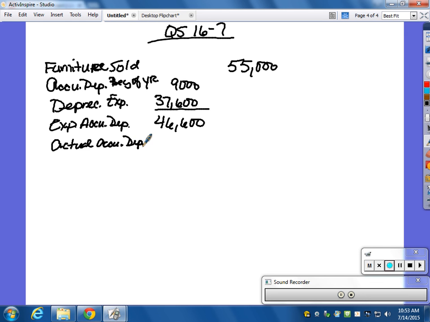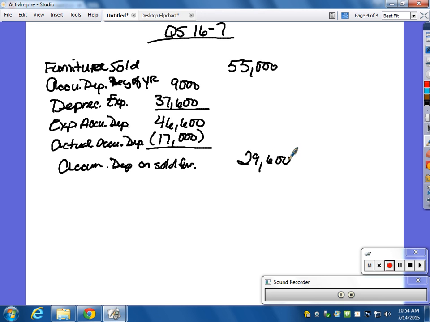And what was the actual accumulated depreciation on the balance sheet for the end of the year? So you want to subtract 17,000 from the expected to give you the actual accumulated depreciation, which is 29,600.